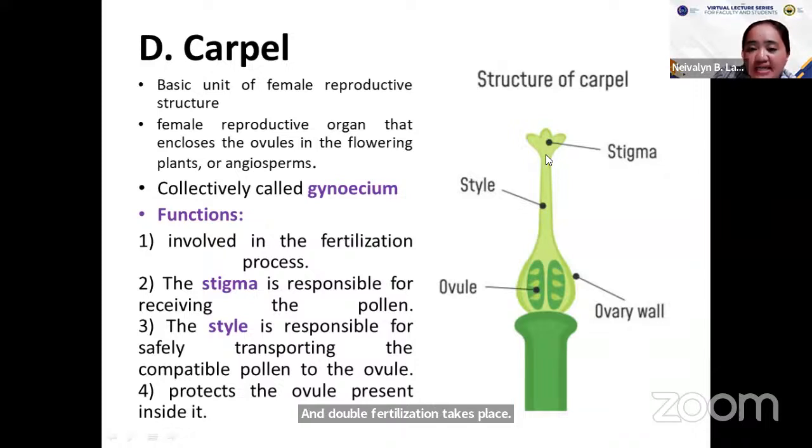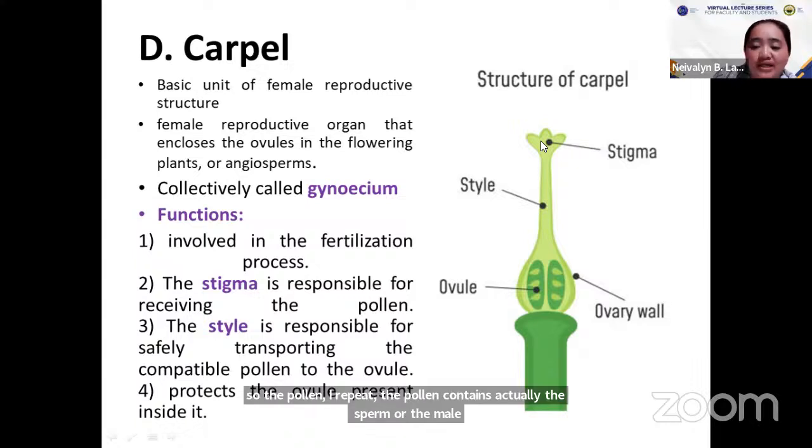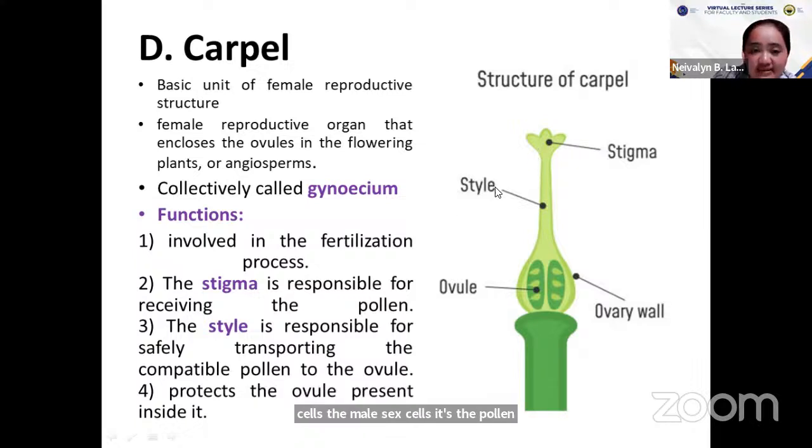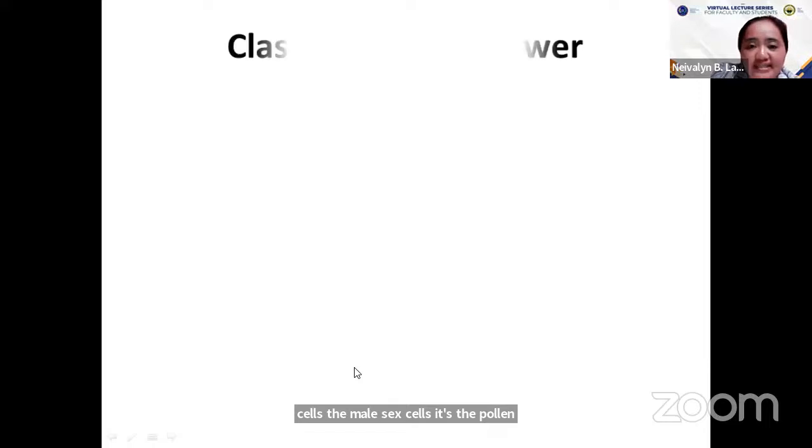The pollen contains the sperm, or the male sex cells. I hope you got it.